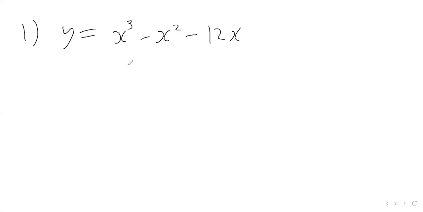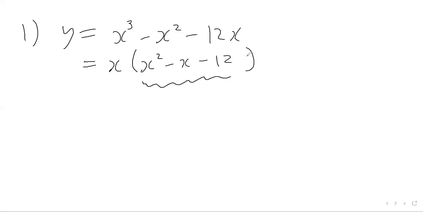The first thing to notice is that with these cubics, you'll always be able to factorize them. They won't give you a cubic that you can't factorize. So you want to factorize the x out, because every term has a factor of x. When you factor out the x, you get x squared minus x minus 12. Can we factorize this even further?